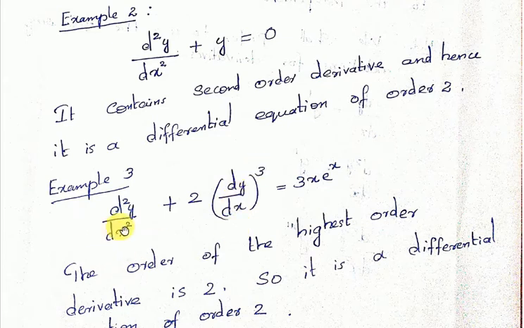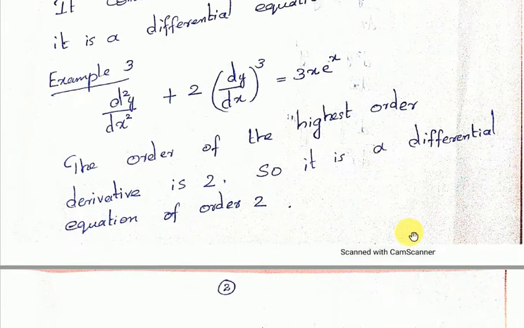We have to consider the highest order. Which is the highest order? Second order, d square y by dx square. So the order of the differential equation is 2.